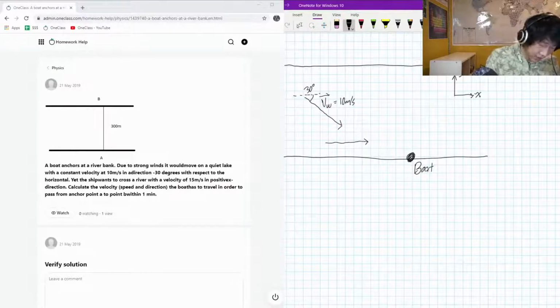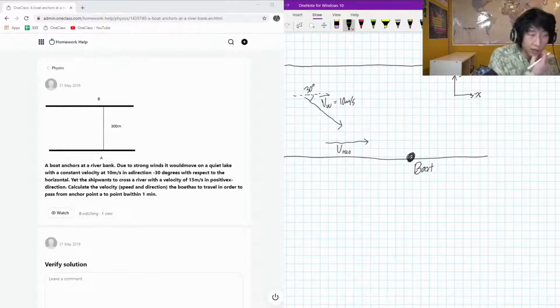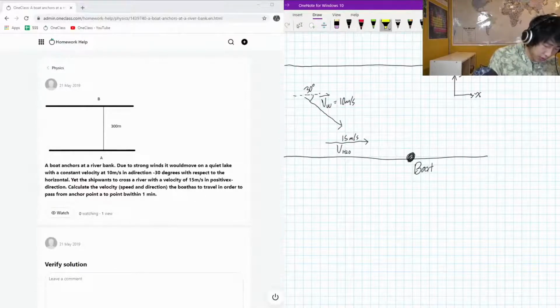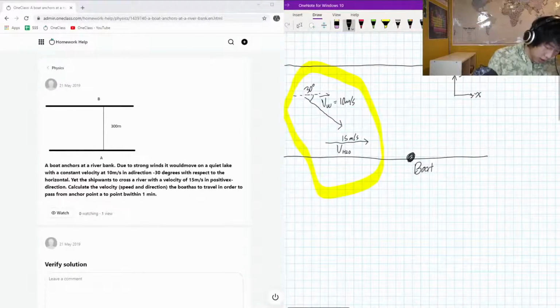Okay, maybe VW does not work great for v wind, but let's just call this VH2O, and that's going to be 15 meters per second. Okay, so these two right here, maybe I'll highlight a circle around them. These are environment speeds.